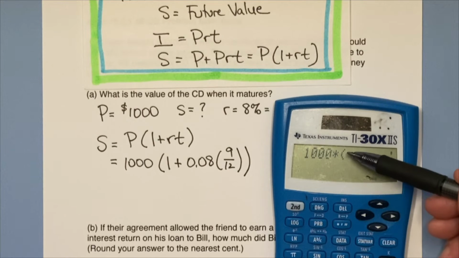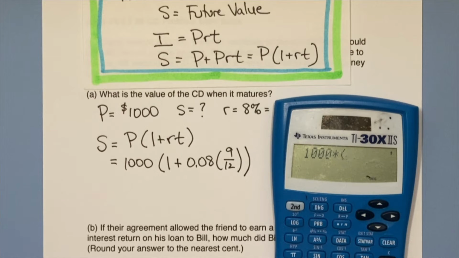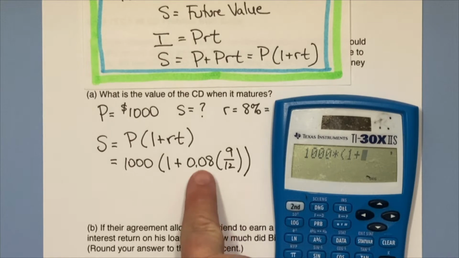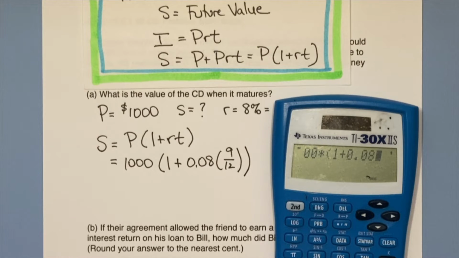If you put the parenthesis in, it will automatically give you multiplication, but I'm just going to be careful. 1 plus, now here I'm going to enter this as 0.08, and then I'm going to do times and then 9 divided by 12. I'm putting extra care to make sure that the calculator doesn't get confused.